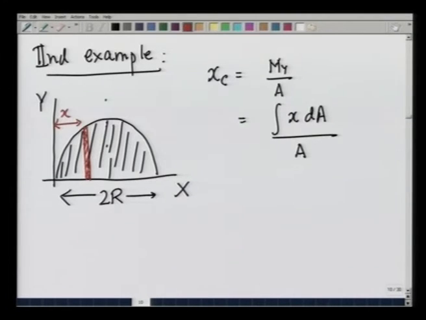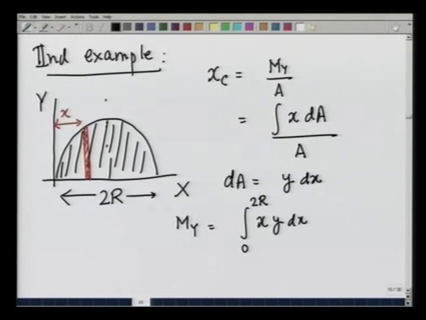You can see that dA in this case therefore, is going to be the area of this strip, which is y dx, and therefore, m y is going to be integration x y dx, x varying from 0 to 2r.